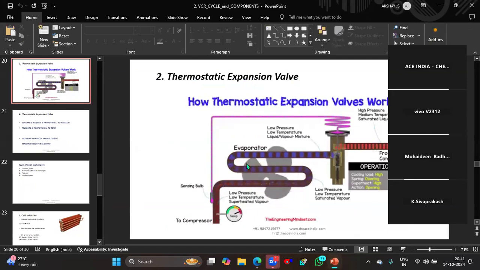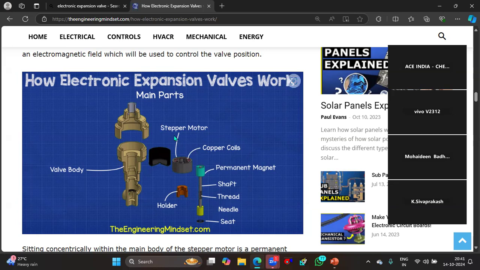But here, instead of that, you can see these copper coils, like a simple motor arrangement. Whenever the feedback reaches the copper coils, a small EMF is produced and thereby a rotation happens. On this rotation, what will happen? The needle, this is the needle, or thread, which means this one, will go downwards and upwards. This is the holder portion. So it's simply something related to that same thing itself.